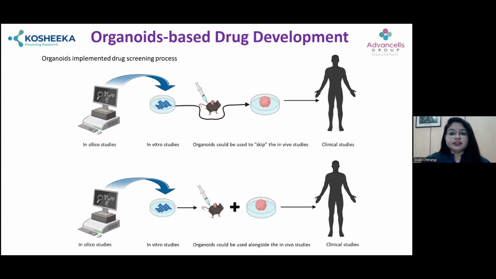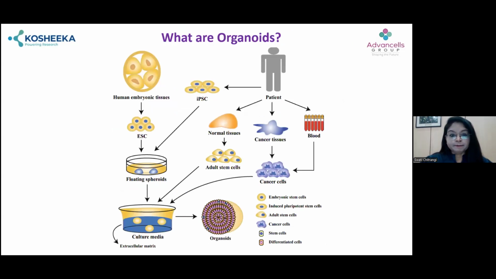And from the organoid study, based on whatever data we get, we can go for clinical studies. Or in the same study, you can add small animal testing also, and you can get more robust data. And then you can implement that more robust data for clinical trials. So these two approaches can be implemented in the drug discovery process using organoids.